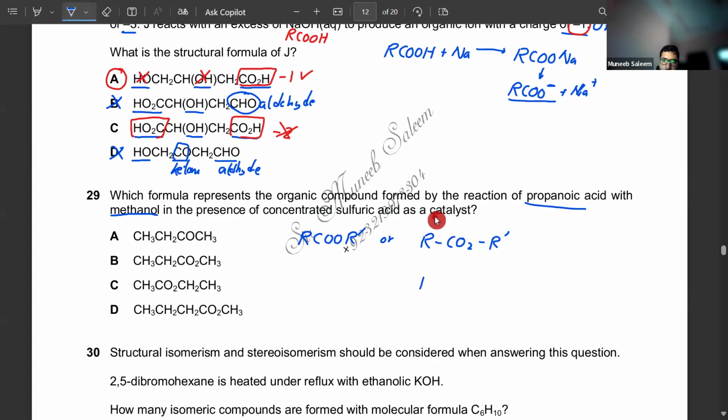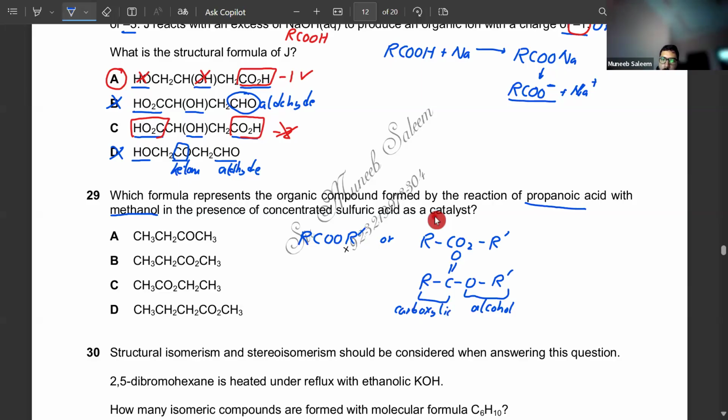So basically in this case, we have R, then C, that is the carbonyl group, and then one more oxygen through a single covalent bond, and then R prime. This part is basically the alcohol part, as you remember from O levels, and this part comes from the carboxylic acid group.